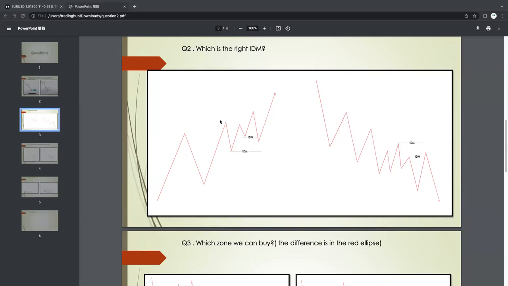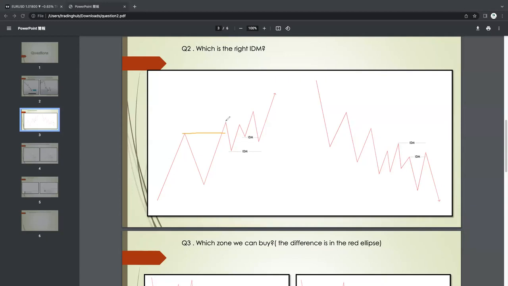Okay, and you mark this structure, and these things most of the time happen in indexes like NAS100, US30, and some stocks. Because in indexes the market moves very slowly upside and then rapidly pushes downside and rapidly goes higher, right? So this one is our break of structure.